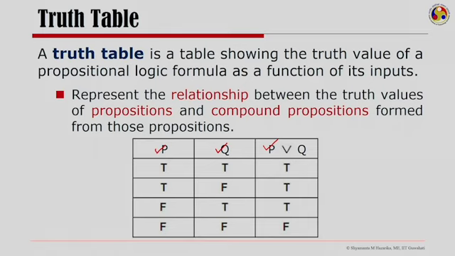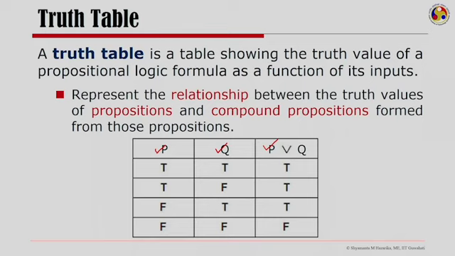So, we have P being true, Q is true, therefore, P or Q is true. For the next statement here, P is true, Q is false, but then P or Q is true. Here Q is true, therefore, P or Q is true.